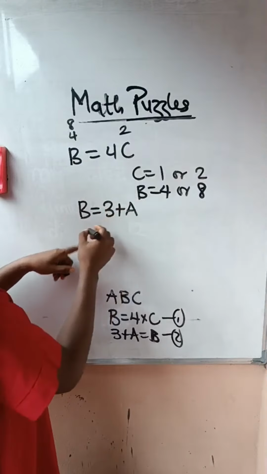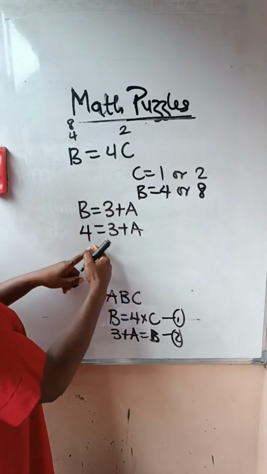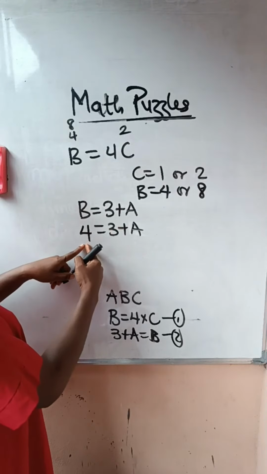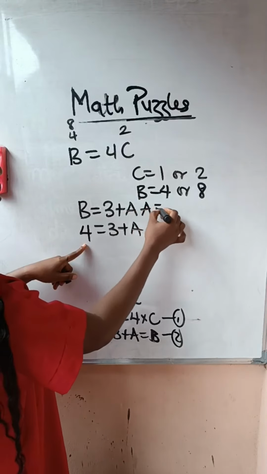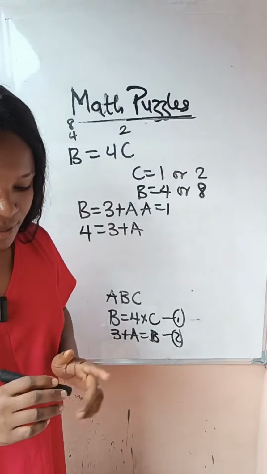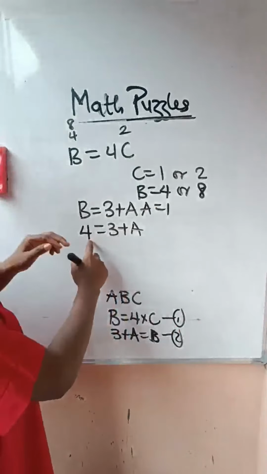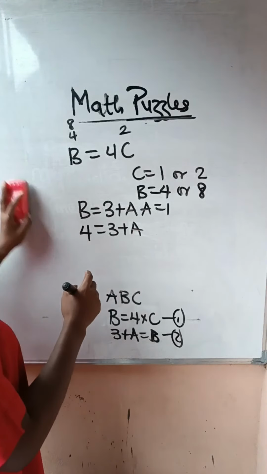When B is 4, what is our A? We have 3 plus A, so your A will be 1, because 1 plus 3 will give you 4. So that means that when B is equal to 4, your A is equal to 1. I hope I'm making sense.